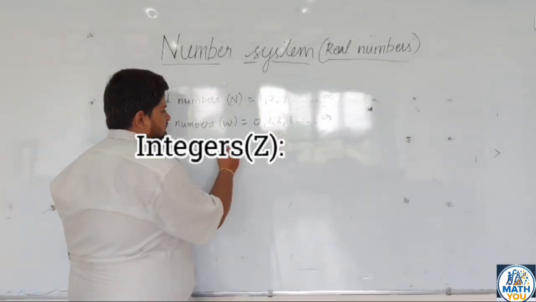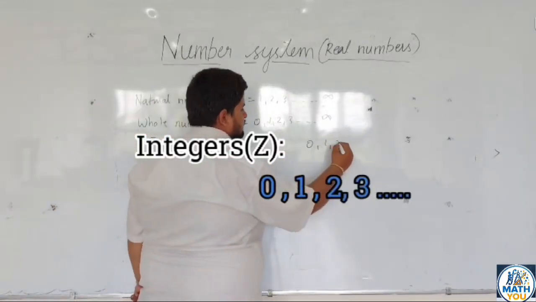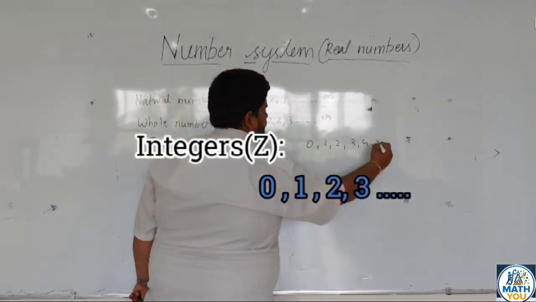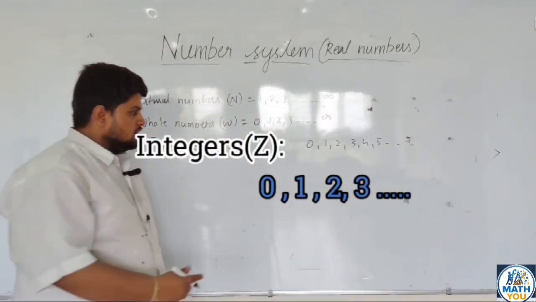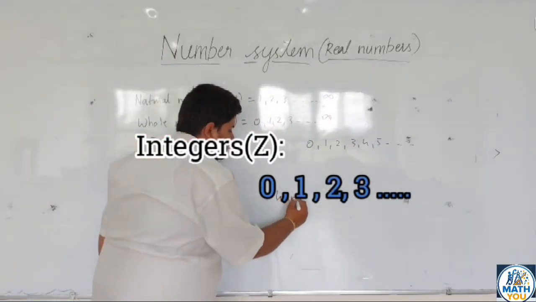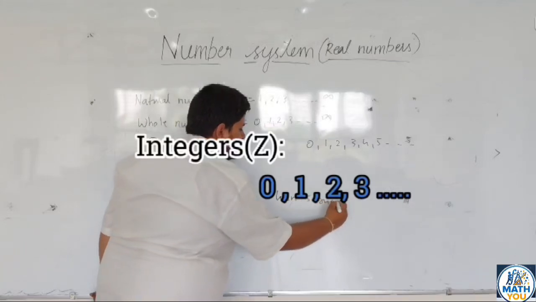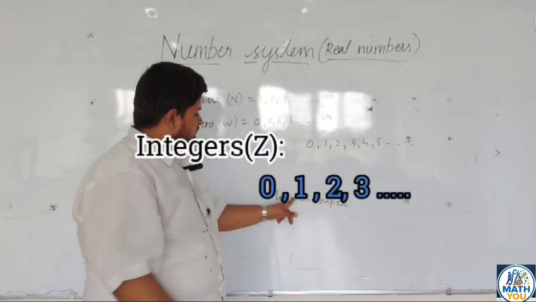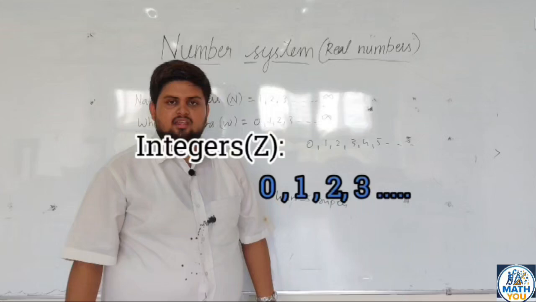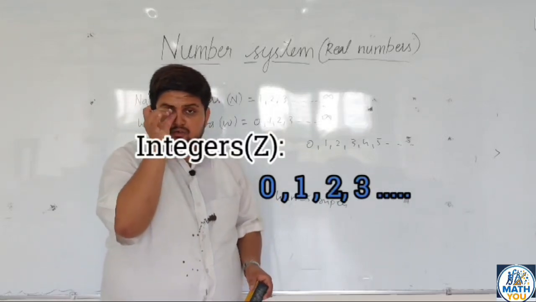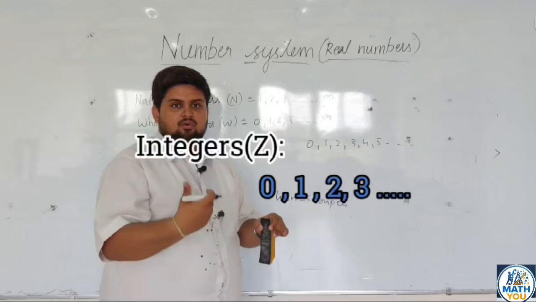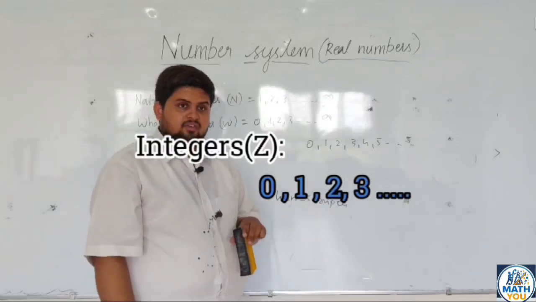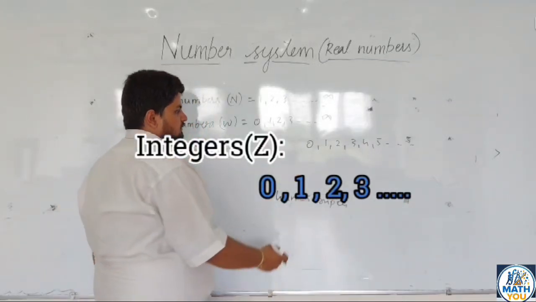Okay. So initially we had 0, 1, 2, 3, 4, 5, etc. Now I have a loan of 5 rupees from my friend. Where does this 5 rupees belong to in this case? We did not have a system for that loan which we owe to someone. So we found out a new system of numbers.